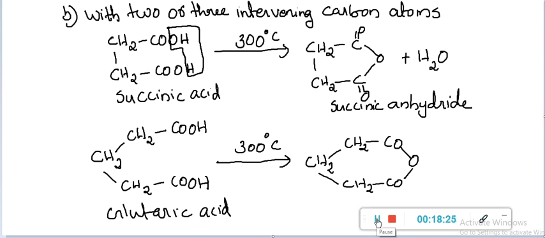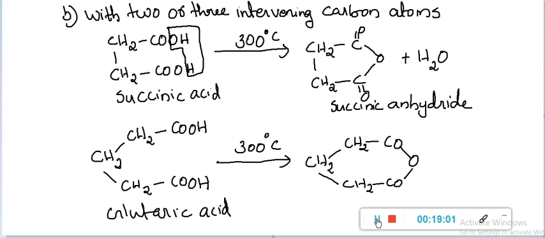Next case is dicarboxylic acids with 2 or 3 intervening carbon atoms. On heating alone at 300 degrees Celsius or distilling with acetic anhydride at 300 degrees Celsius, it loses a water molecule and is converted into its anhydrides.